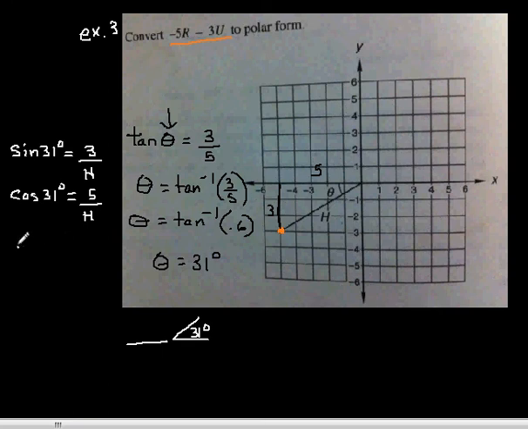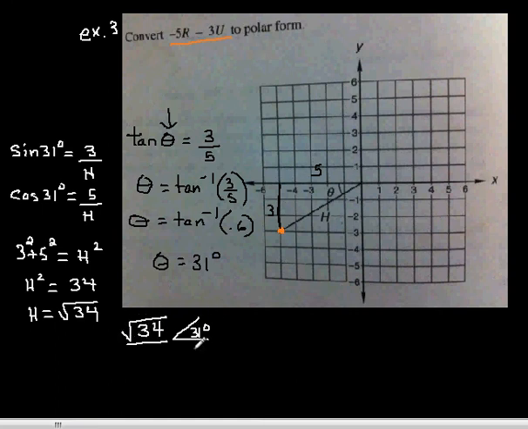So we would just say 3 squared plus 5 squared equals h squared. h squared equals 34, and the length of the hypotenuse is the square root of 34. Now if you would have done it with the other method, you would have got something close to this, but this is the most accurate number, because there we ended up rounding. So we would put right here square root of 34.